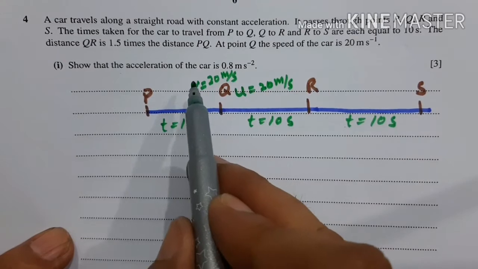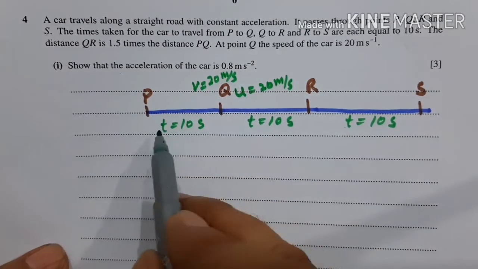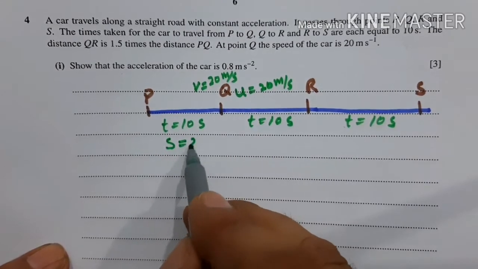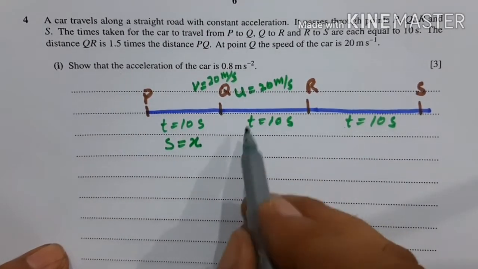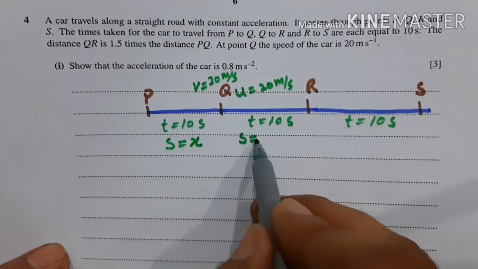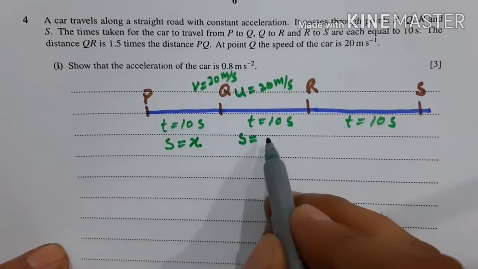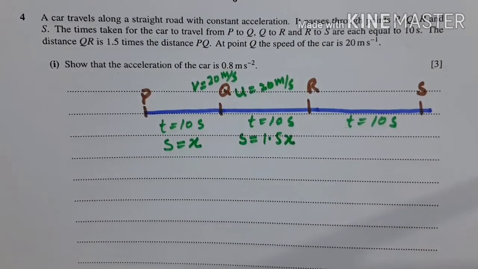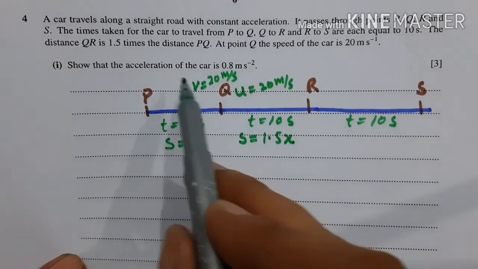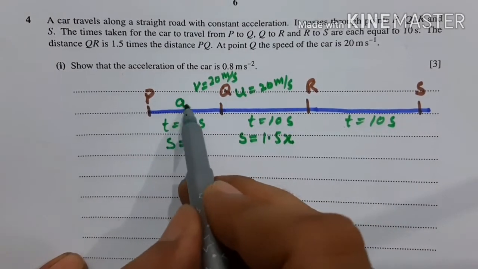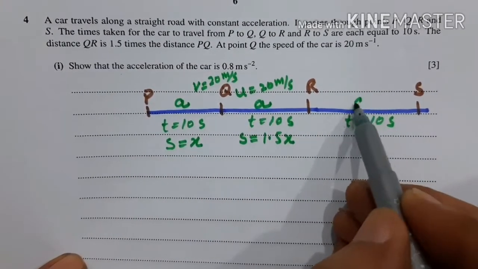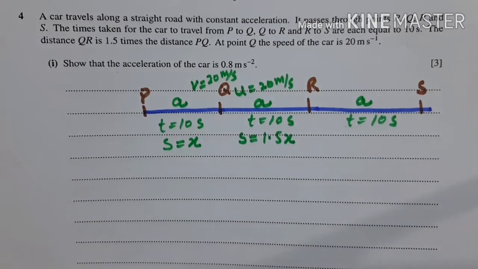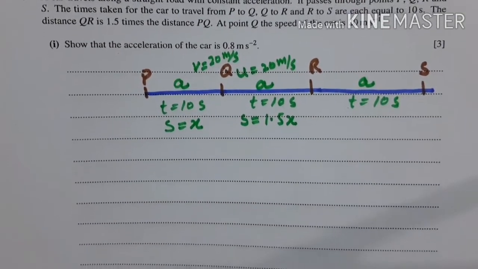Let's suppose the distance PQ is x. The distance of QR, which is 1.5 times the distance of PQ, means 1.5x. Acceleration is the same throughout the journey. This is our diagram.